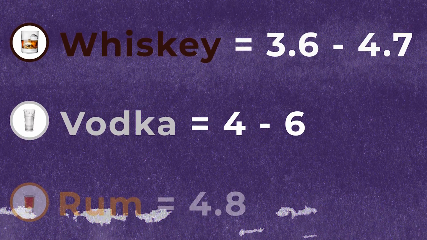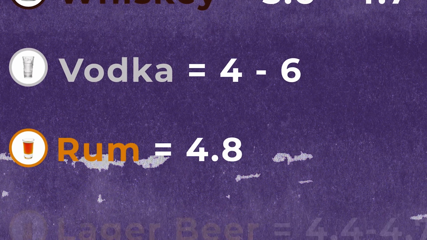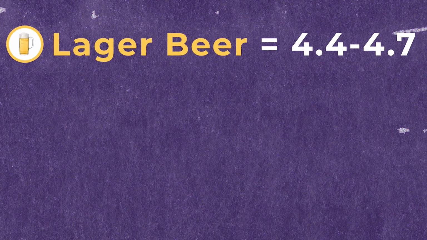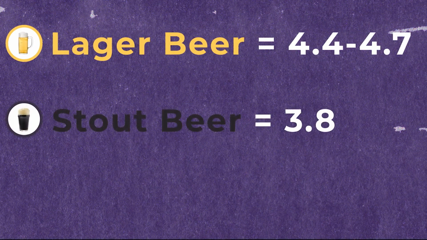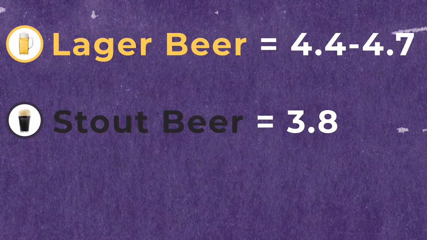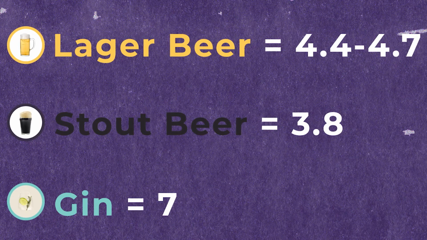Rum has a pH around 4.8. When it comes to beers, the pH differs depending on what style of beer we're talking about. Lager beers have a pH of 4.4 to 4.7, while stout beers have a pH around 3.8. Surprisingly, gin has an average pH of 7, making it neutral.